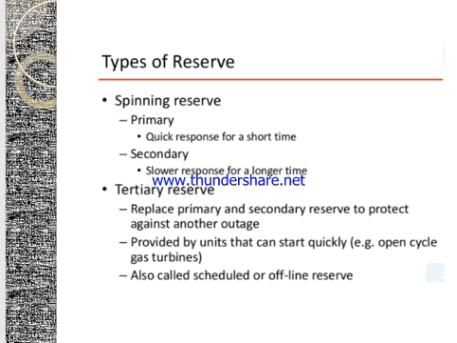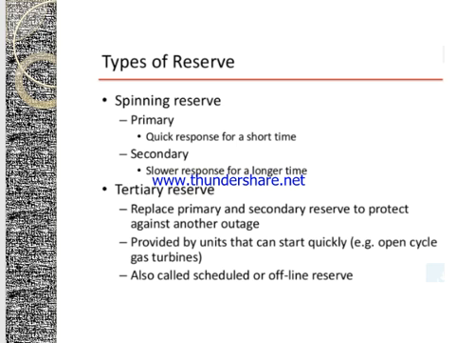Primary acts quickly with respect to the changes, and secondary will be operated with a time delay after the primary. There may be certain conditions where the secondary has to be operated along with the primary, but not immediately, so it will have a slower response.